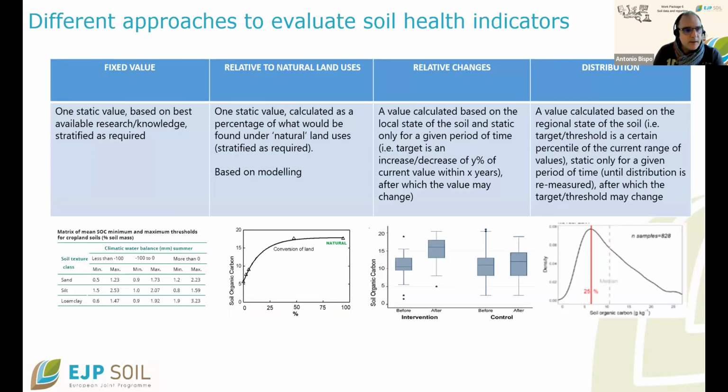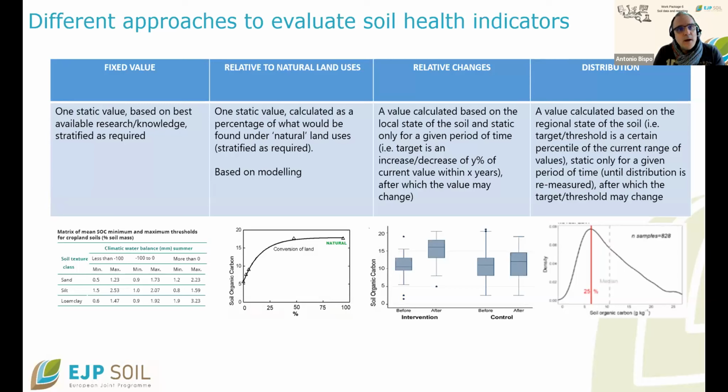If you have a grassland, you set a limit. For example, 60% of that maximum will be your target value, and it's based on a modeling approach. So you have a graph for that modeling approach. You can say that you need to reach at least 60%, for example, of the natural situation.